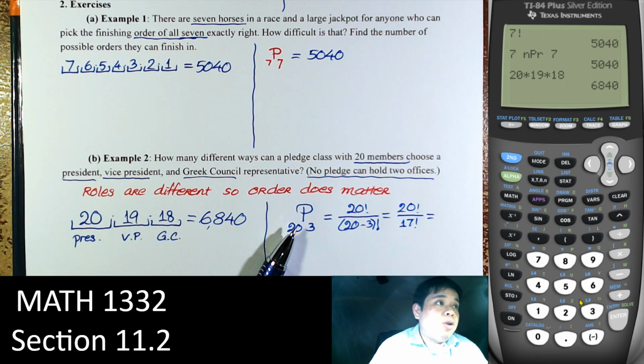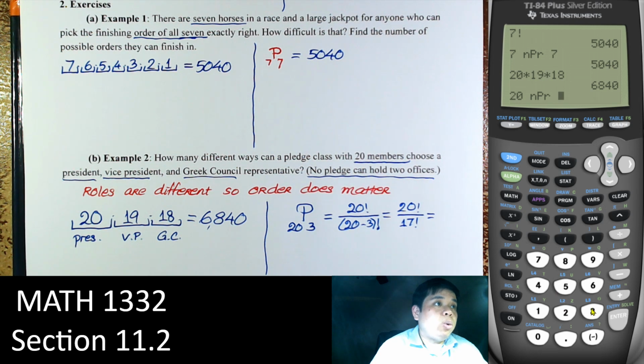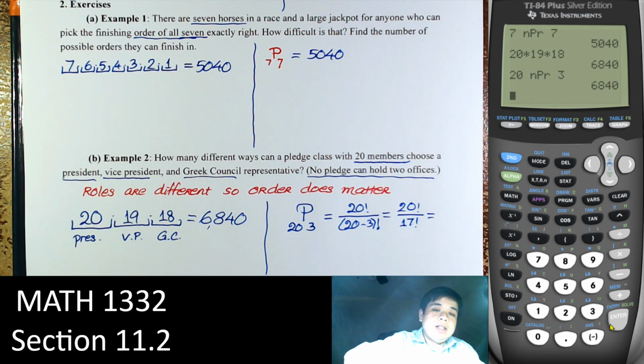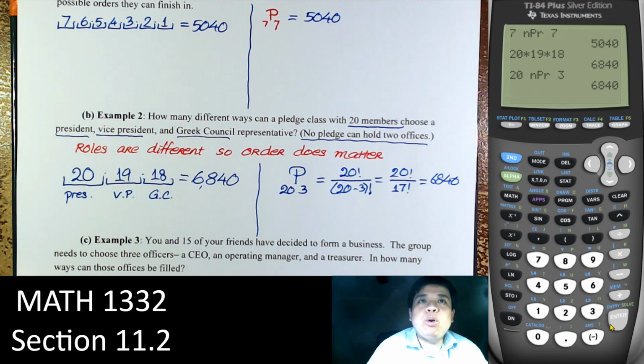But if you have this calculator, just go ahead and choose permutation of 3. Right, 6840. Right. Simple enough.